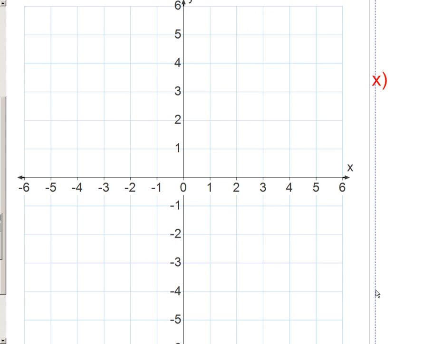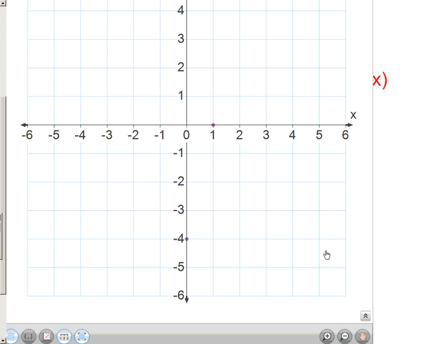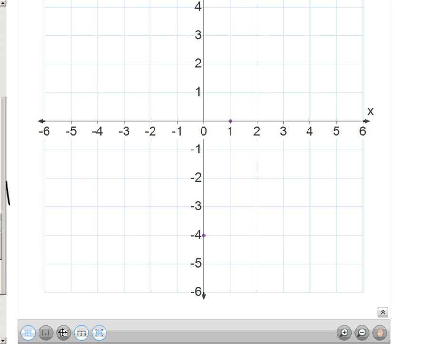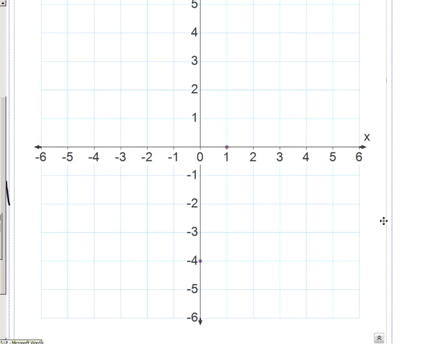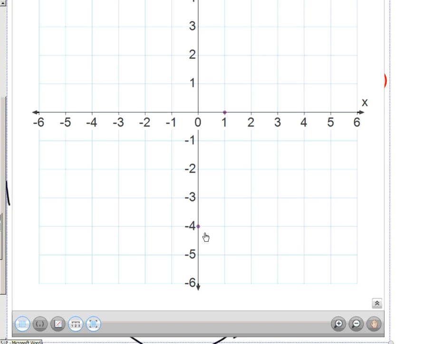So 1, 0, and 0, negative 4. And that would let us be able to graph it. Here we go. Well, it should be able to, but for some reason it's not letting me.